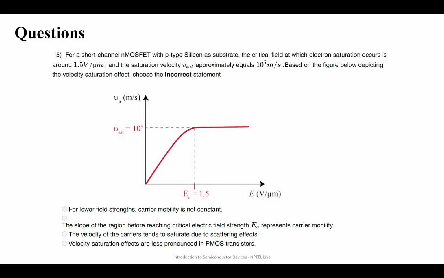For a short channel N MOSFET with P-type silicon as substrate, the critical field at which electron saturation occurs is around 1.5 volt per micron, and the saturation velocity Vsat approximately equals 10 to the power 5 meters per second. Based on the figure below depicting the velocity saturation, choose the incorrect statement.